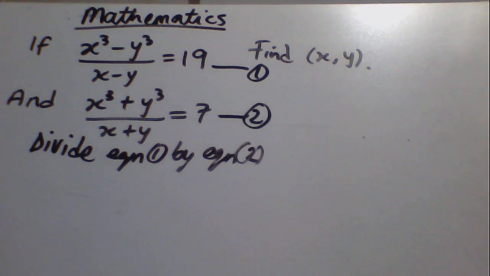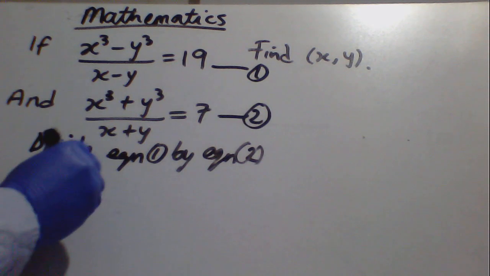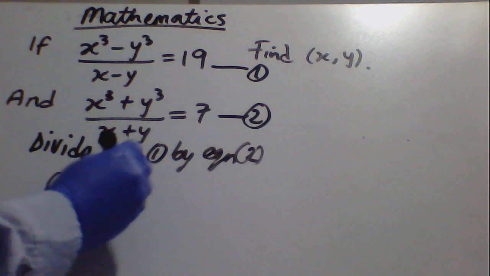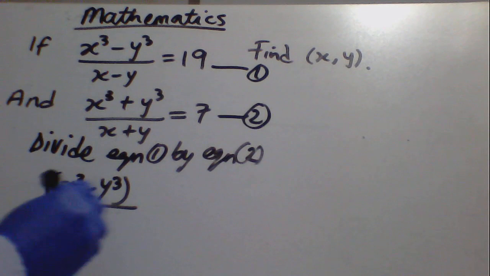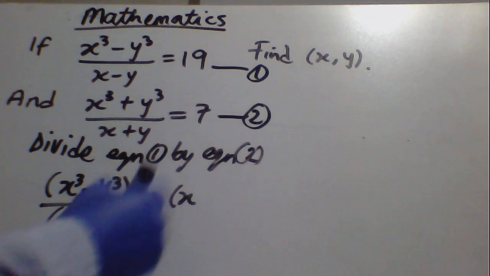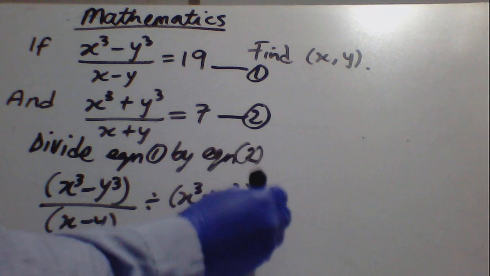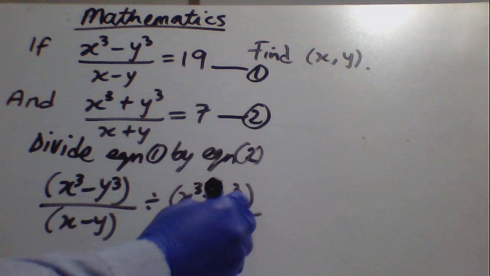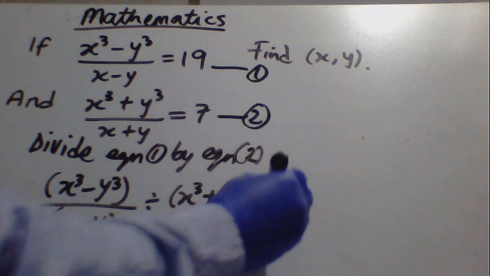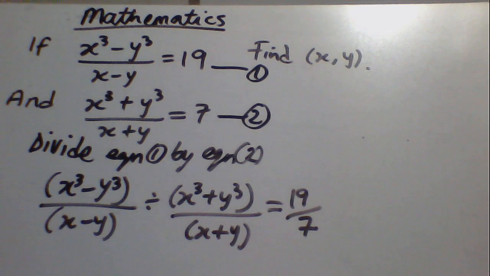So dividing equation 1 by equation 2, you have (s^3 - y^3)/(s - y) divided by (s^3 + y^3)/(s + y), which is the same as 19 divided by 7.